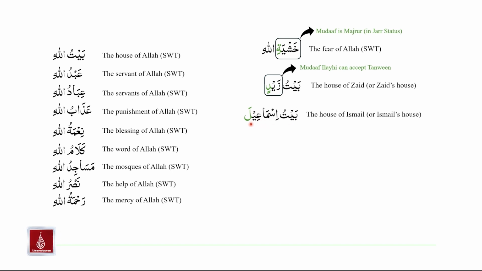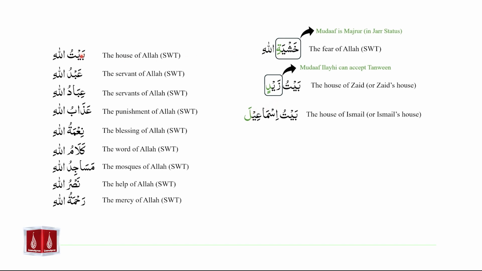Baitu Ismaila, the house of Ismail or Ismail's house. Baitu Ismaila is a murakkab izafi that would make Ismaila mudaf ilayh. Ismaila is mudaf ilayh, that is the owner of the house or Baitu. But we see that Ismaila has a zabar on it.